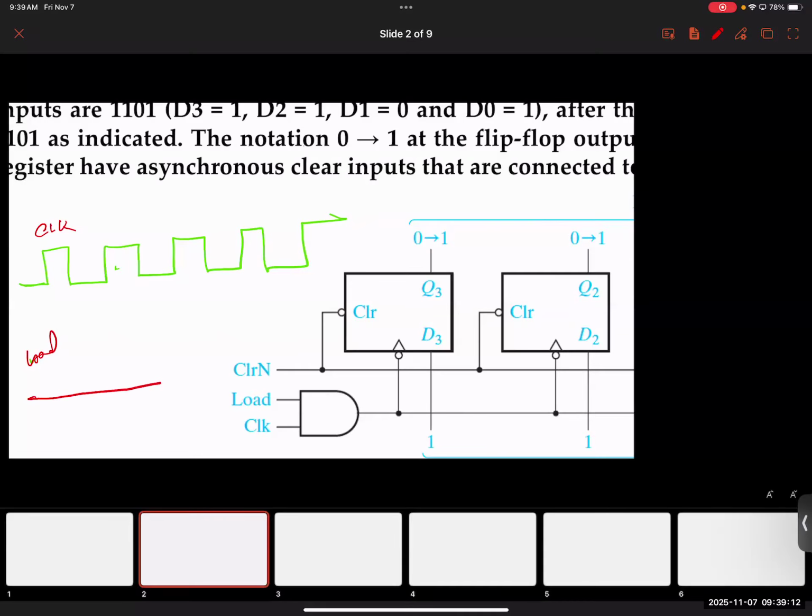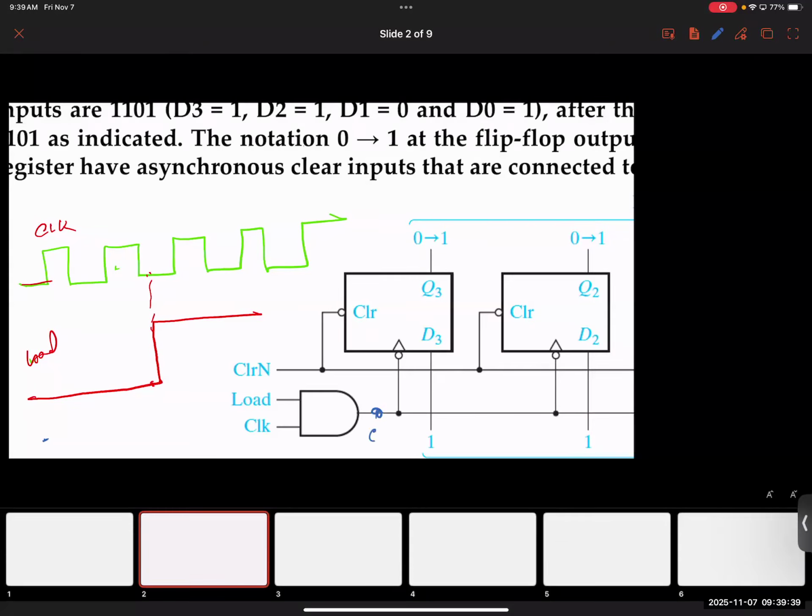When your load signal is 0, what happens to the clock, folks? 0, right? Basically the clock is desensitized. Now, interestingly, when I activate the load signal here, notice, what was the clock before? 0. Let me draw the clock response. This is the output.